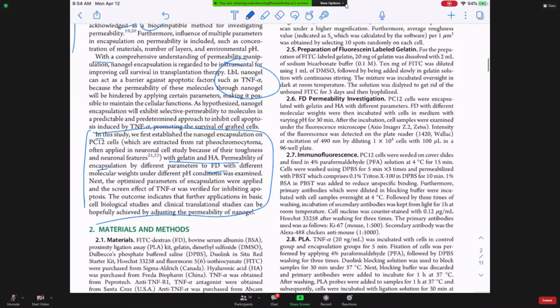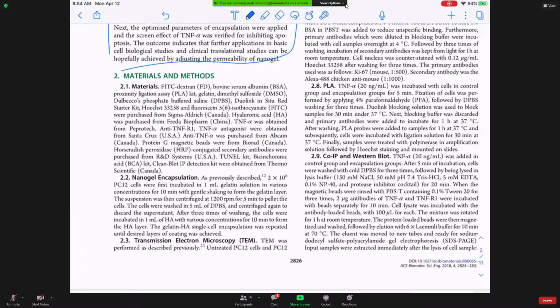A lot of students are still confused about this part: materials and methods. So what materials do we use? First, we use FITC dextran because this is a model molecule. For example, this is the FD that we want to diffuse.